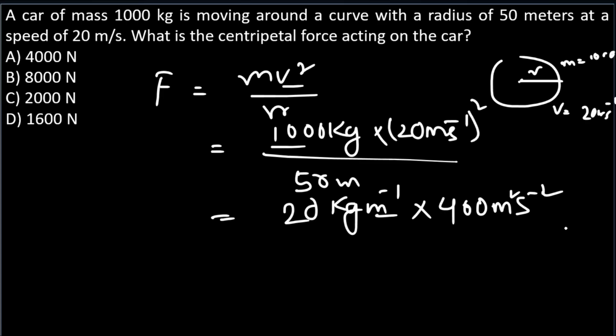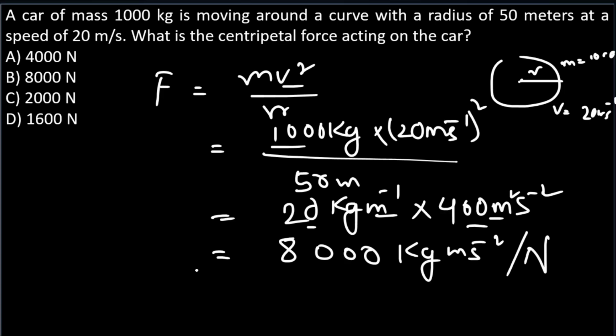One meter will cancel, so 20 times 400 equals 8000 kg meter per second square, or Newton. So 8000 Newton will be the answer.